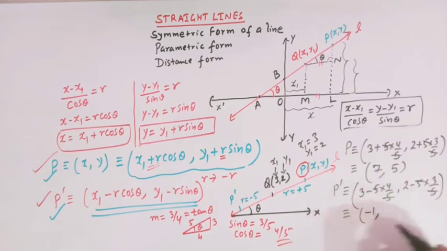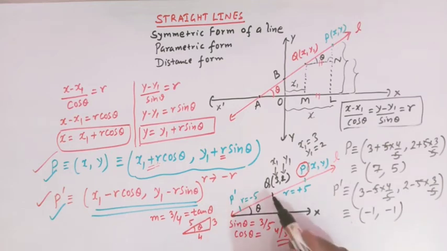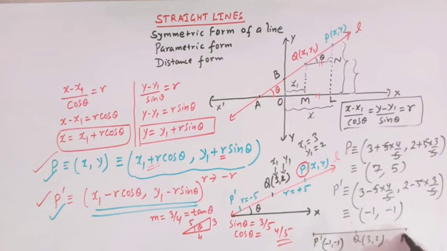So 3 minus 4 is -1, 2 minus 3 is minus 1, right? So now the picture goes like this. Here we have Q, this is 3 comma 2, and this point is P prime. This has coordinate minus 1 comma minus 1, and this point is P, and this has coordinate 7 comma 5, right?